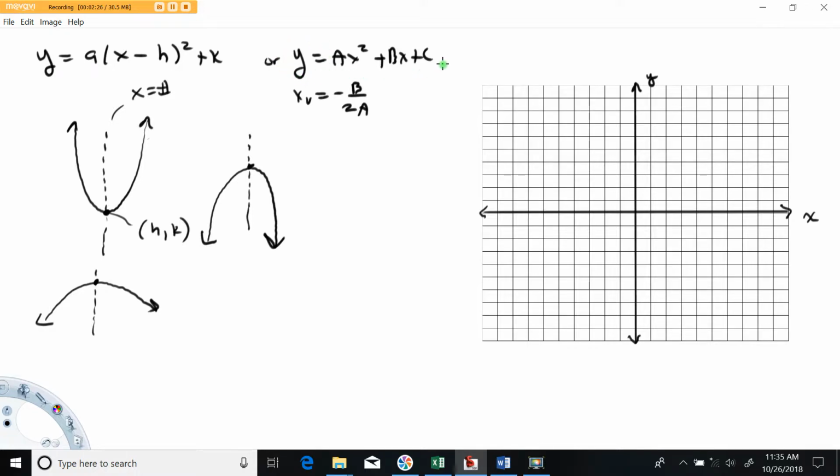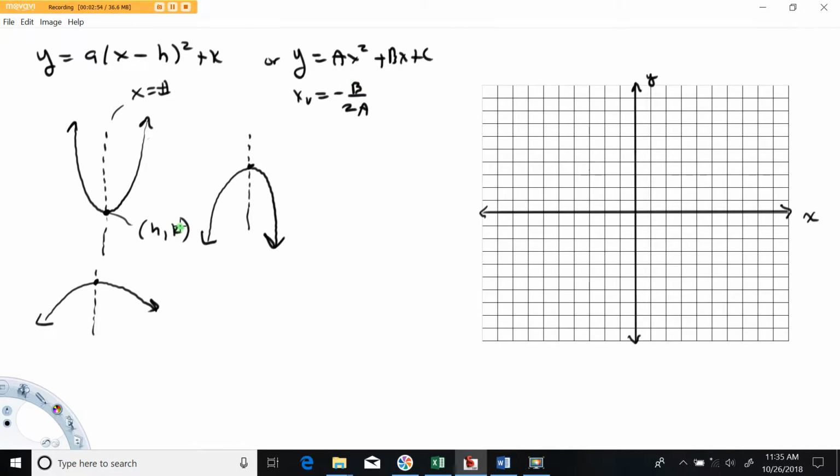The other way to find the vertex of the parabola, right? This is another general mathematical form for how parabolas can be written, like ax squared plus bx plus c. The x-coordinate of the vertex is given by minus b over 2a. And again, I've got another video on why that is. I'm going to save that for another time. I don't want this to get too long. So one way to find the vertex when it's in this form is to calculate this value. Whatever that value is, plug it back into this equation for x and get the y value out.